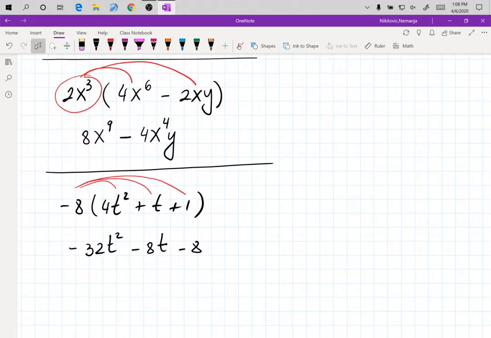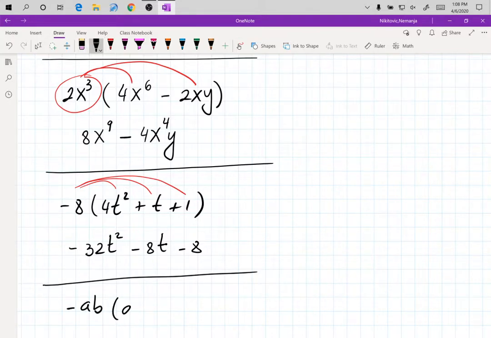So 8 times 4, that's 32. And then there are no t's with 8, so we keep the same t's as we had before. Yeah, we can do another one. Negative ab times a cubed minus 3b cubed, sorry, 3b cubed.